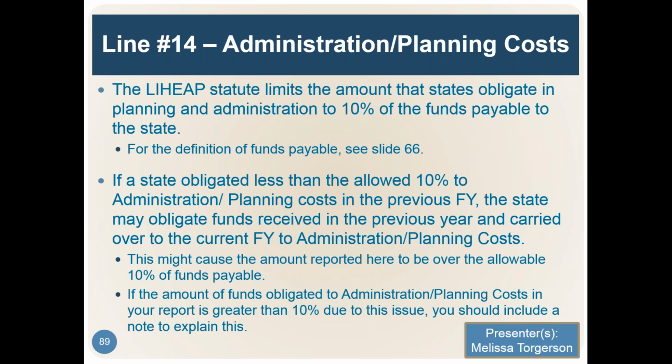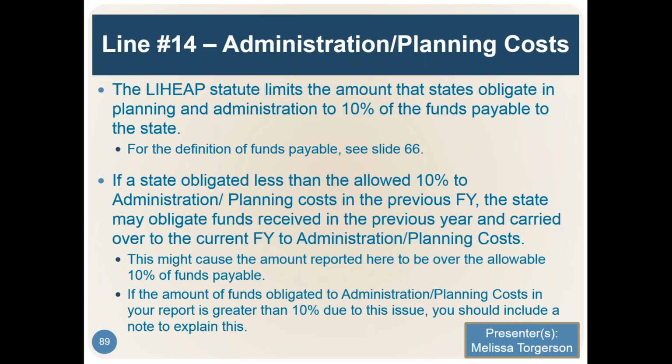So what we're saying is that if in 2017 you didn't use all of your admin, you spent under 10%, and you have some room in your carryover amount, you can carry some of that over as admin. And it may bump you up and over the 10% for 2018.